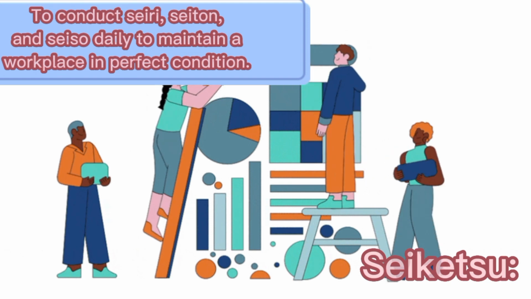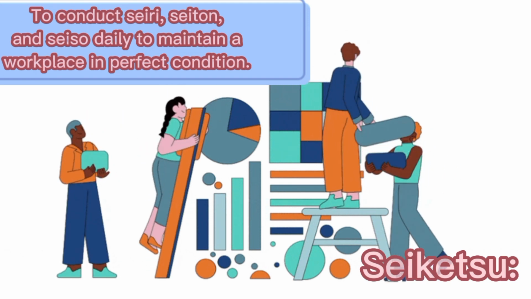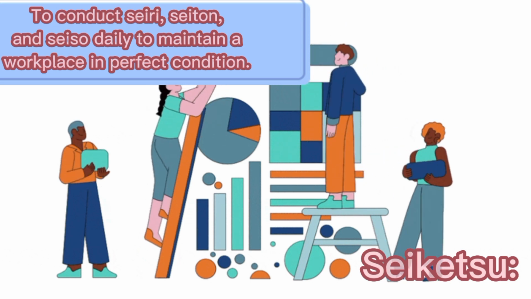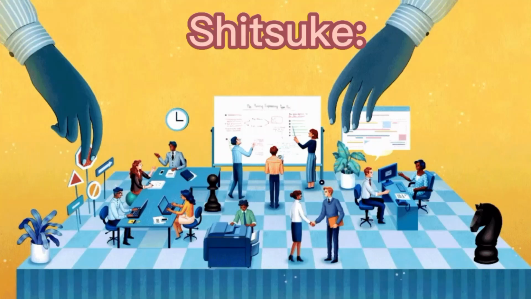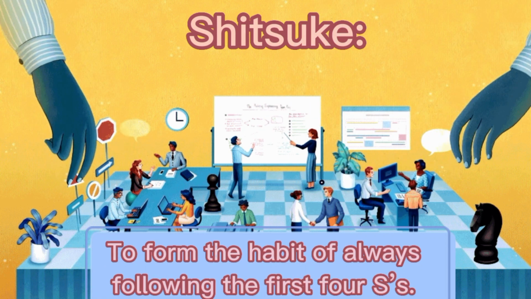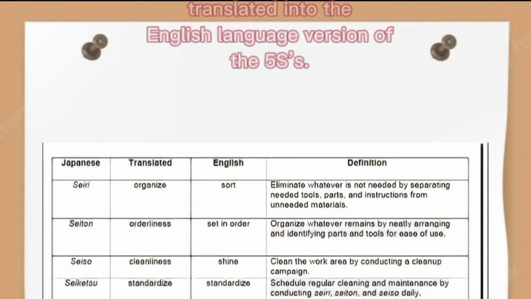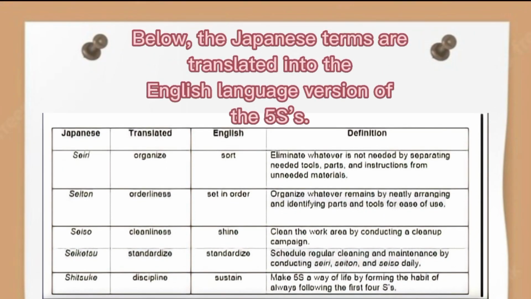Seiketsu, to conduct Seiri, Seiton, Seiso daily to maintain a workplace in perfect condition. Shitsuke, to form the habit of always following the first 4S. The following Japanese terms are translated into the English language version of the 5Ss.